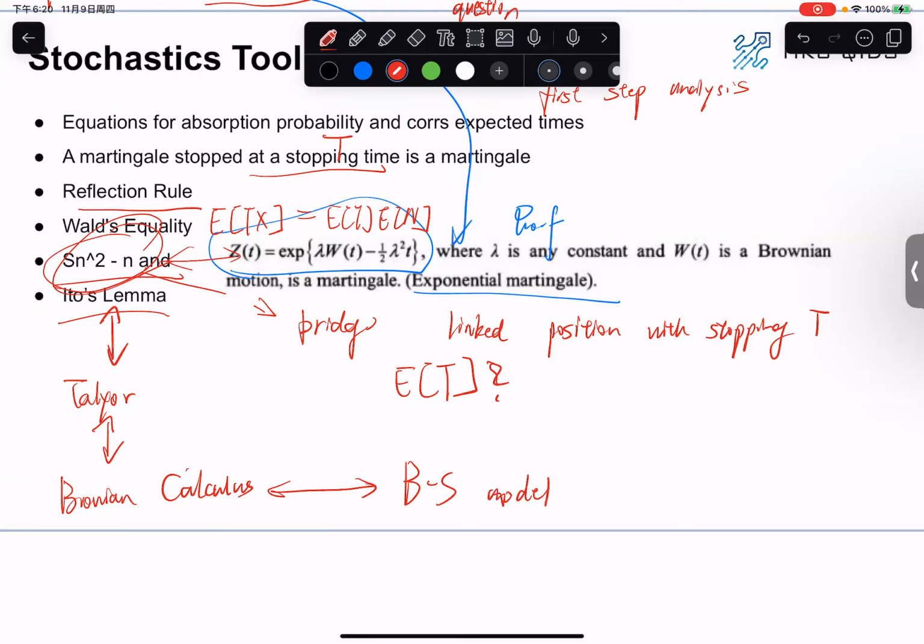All these things come up together frequently. I think you do not need to memorize every formula in stochastic because it's sometimes too complex. But for Ito's lemma, I still suggest you memorize it, which makes you look professional. And I think it's not a too harsh requirement for students, right?